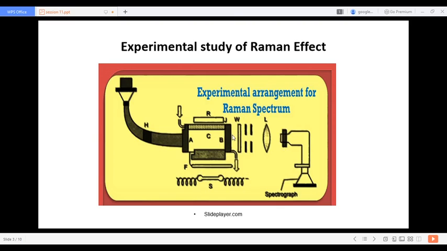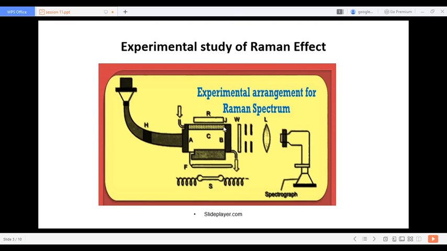One end of the tube H is drawn into horn shape and blackened from outside to provide a contrasting background for the photographic camera. W is an optically plane glass plate used to close the other end of the tube.